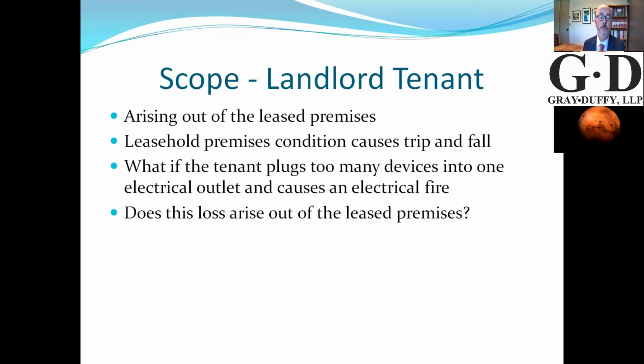So if a leasehold premises causes a trip and fall, that seems a pretty straightforward application that it's arising out of the leased premises. If a tenant plugs in too many devices into an electrical outlet and causes an electrical fire, or they're using a space heater because their office is cold in violation of local law or the terms of the lease, and that causes a fire of some sort, those seem to be very clearly related to and arise out of the leased premises.